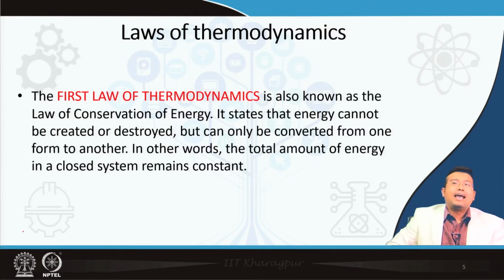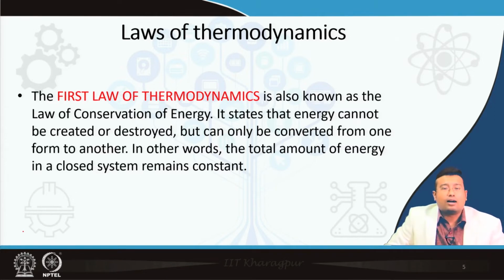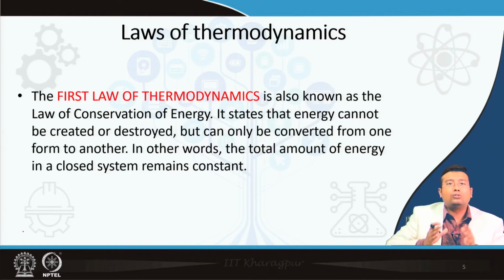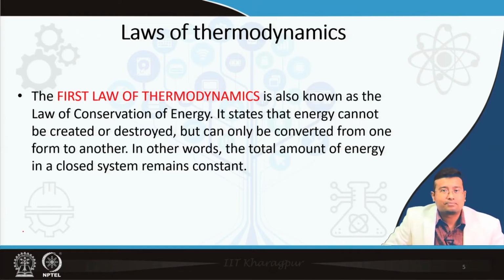It states that energy cannot be created or destroyed, but it can be converted from one form to another. So, if we consider a closed system, the total energy remains constant. So, this is the first law. Energy can neither be created nor destroyed, it can only be converted across various forms in a closed system.